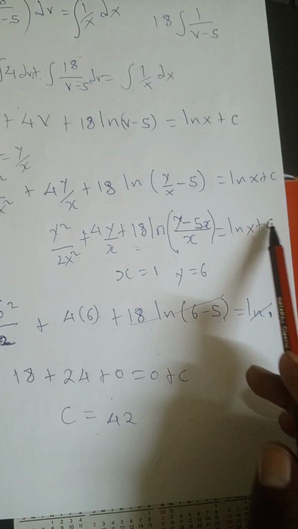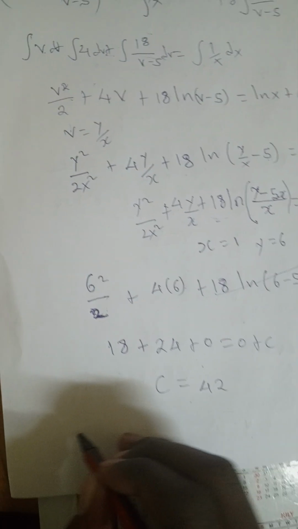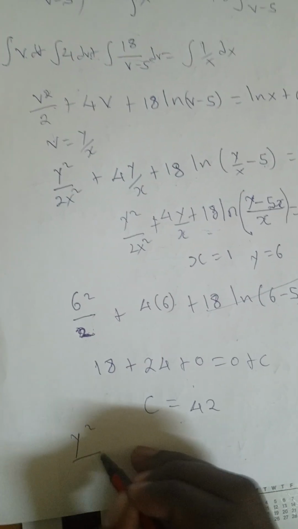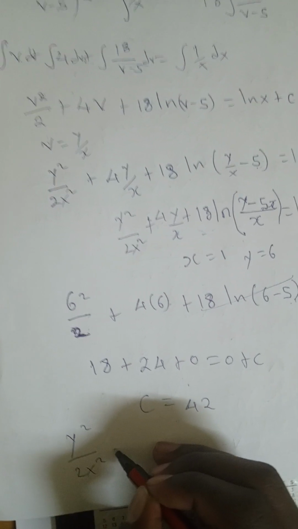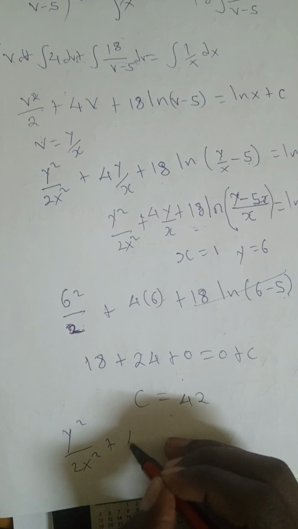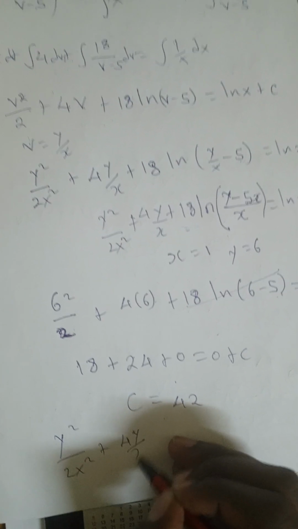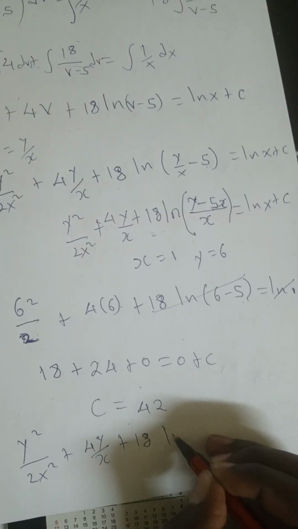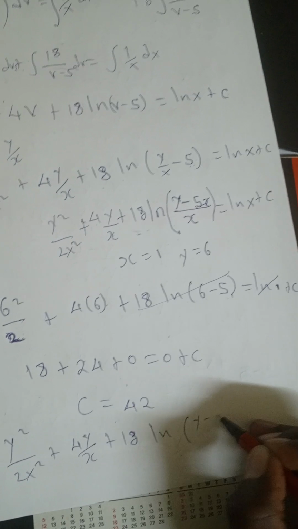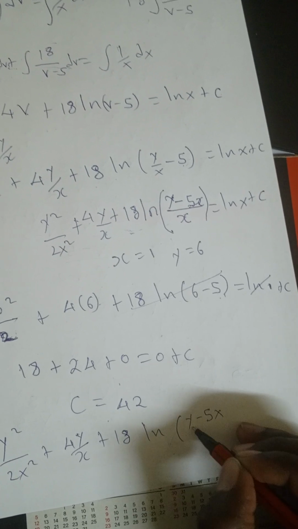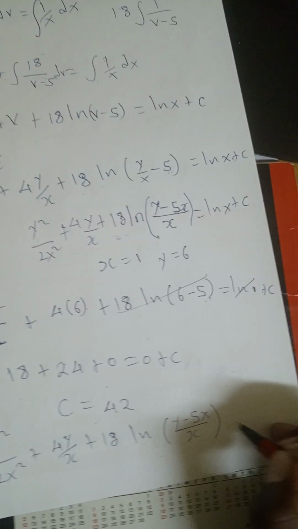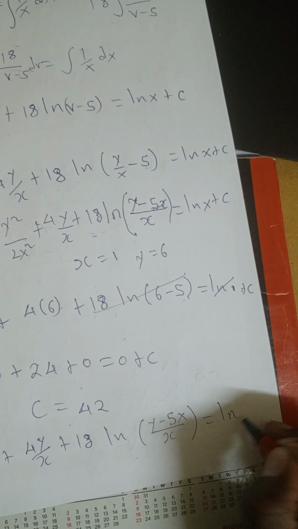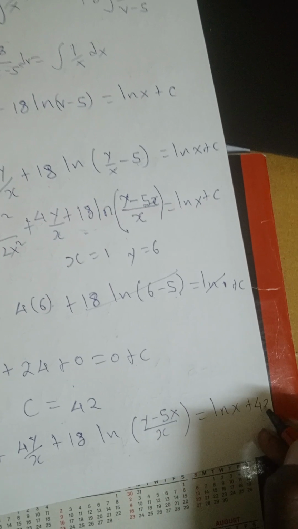Now from here, since we have identified c to be 42, we can write the whole equation the way it is and replace c with 42. So our equation is y squared over 2x squared plus 4y over x plus 18 natural log of (y minus 5x) over x, all equal to ln of x plus 42.